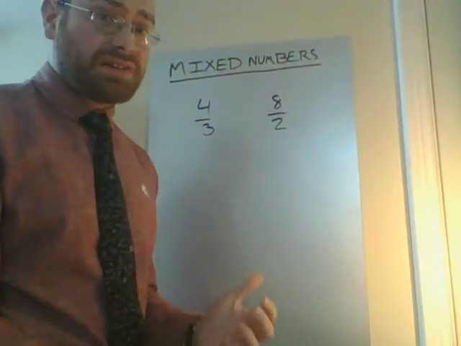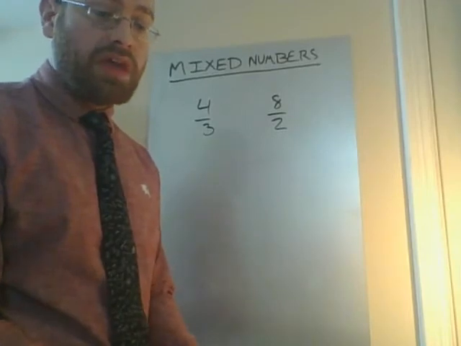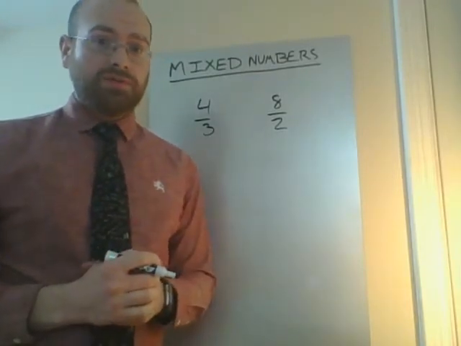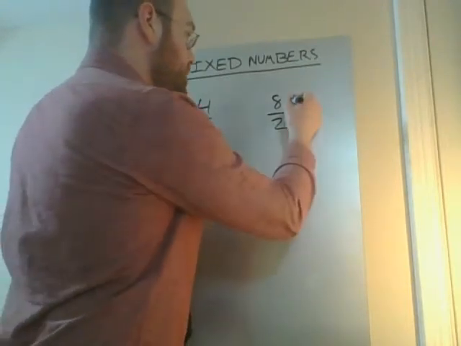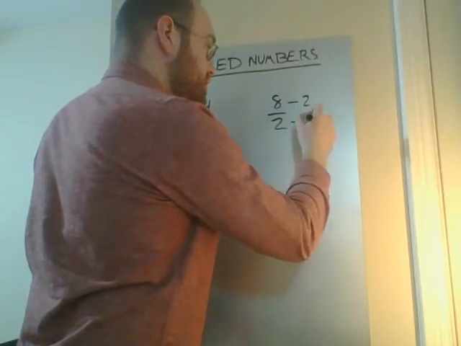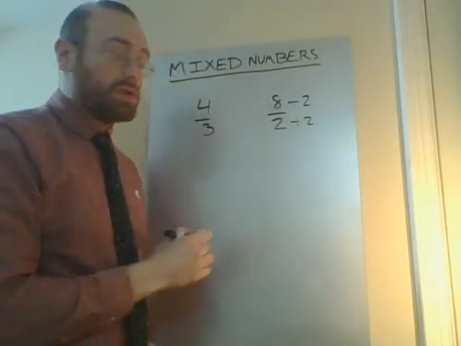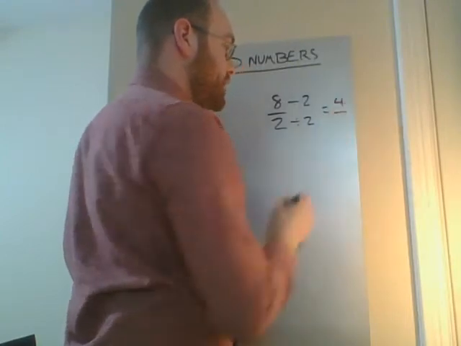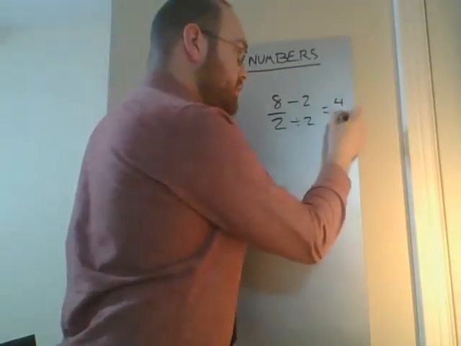8/2 is a good example to start with, because this one can be reduced the same way as before. For example, we can divide both 8 and 2 by 2. 8 divided by 2 is 4, and 2 divided by 2 is 1.